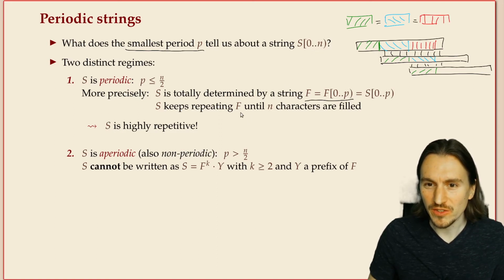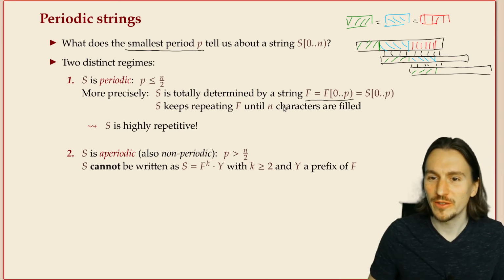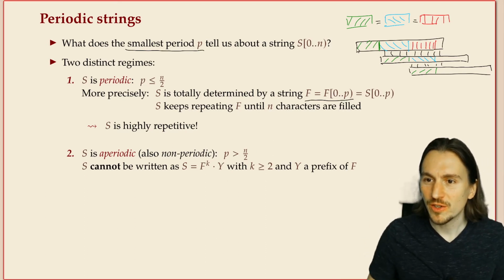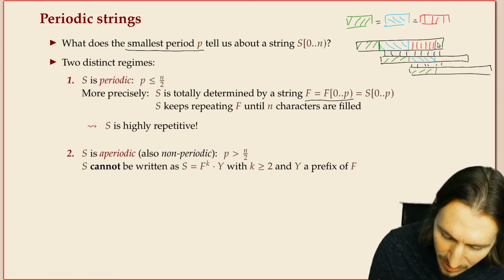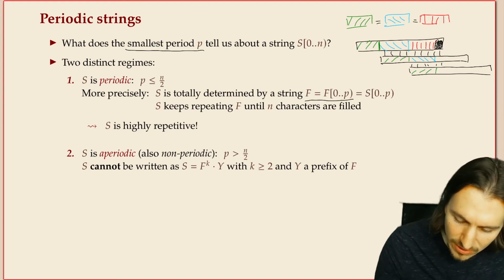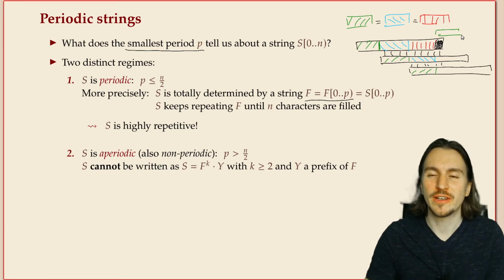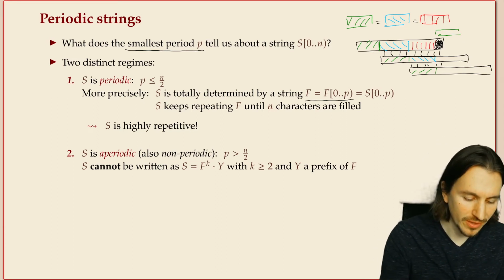And s is essentially formed by repeating this factor over and over until you have n characters. So as you see here, we have 3 times the same string, and then there's some left over part at the end, which is again the start of the green part, but it's not an entire copy.